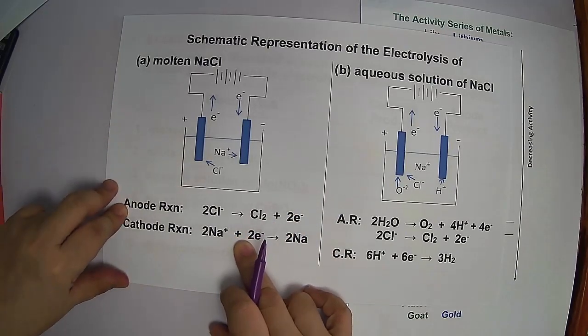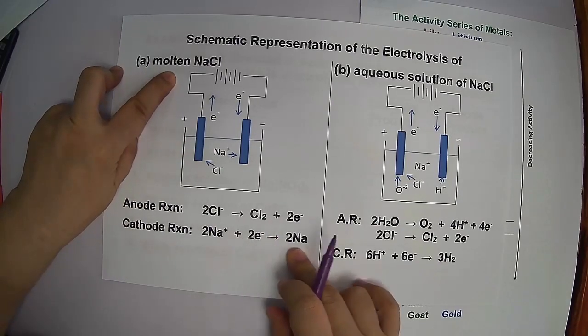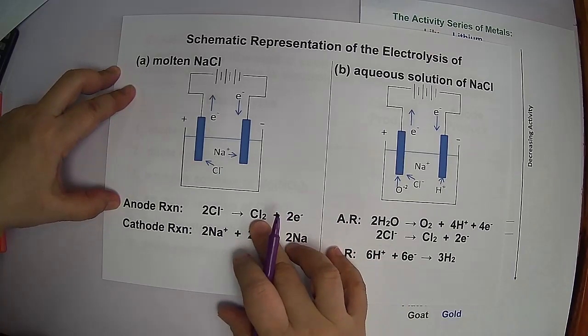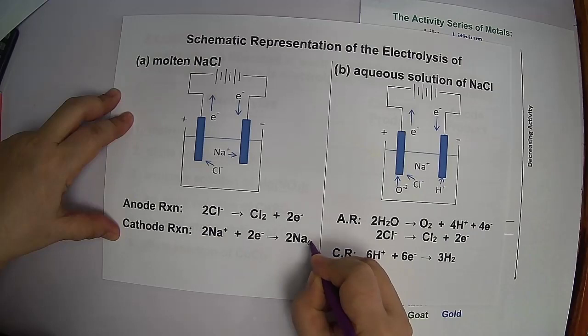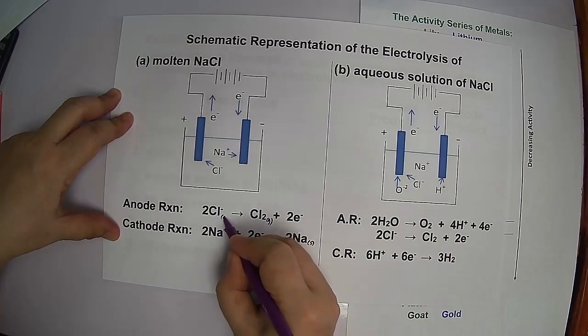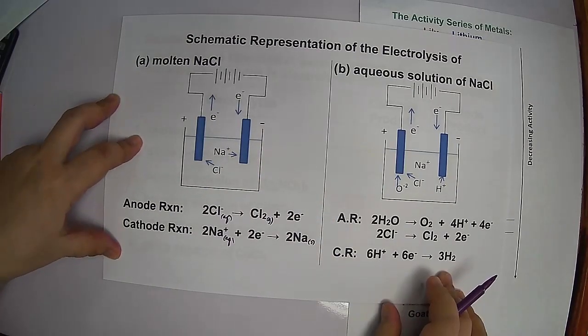So the product at the anode, when your electrolyte is molten sodium chloride, no water, is chlorine gas, and at the cathode is the sodium metal. Okay, this is in the aqueous state, meaning they are present in the electrolyte.